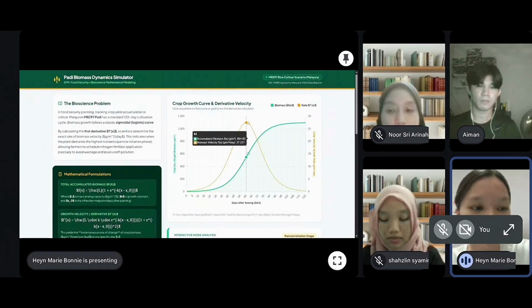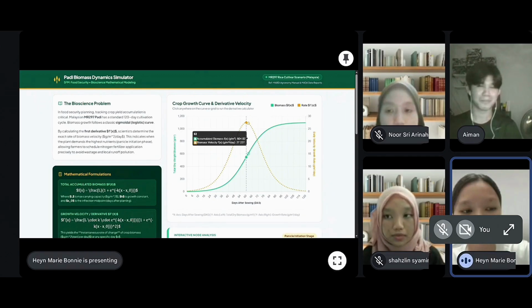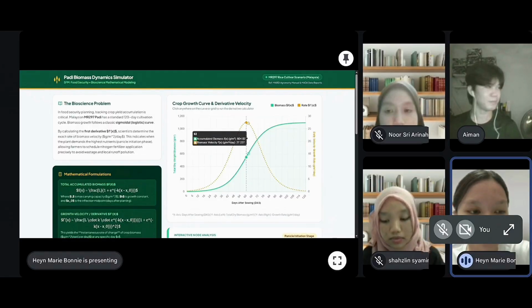By calculating the first derivative, we can find the exact growth velocity. This mathematically reveals when the crop hits its peak nutrient demand phase, allowing precision nitrogen application to optimize cost and secure food production.